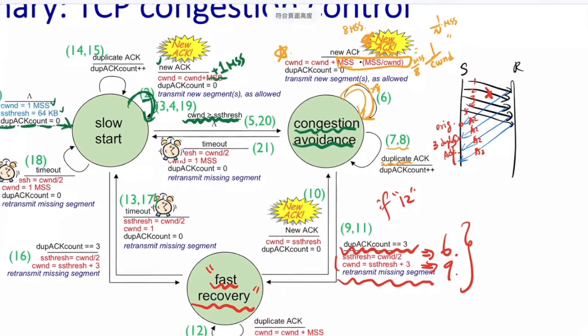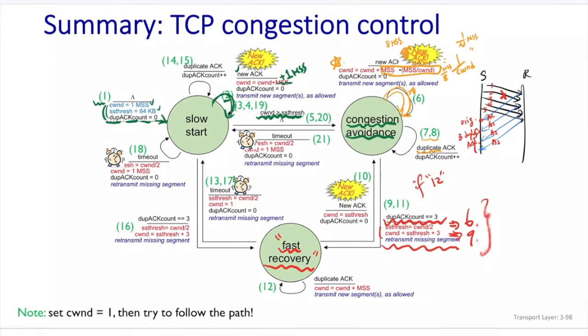If you still receive duplicate ACKs, that means the following ACKs still arrive at the sender, so I add 1 MSS, and we keep monitoring. So at the fast recovery state, there will be 2 different situations.